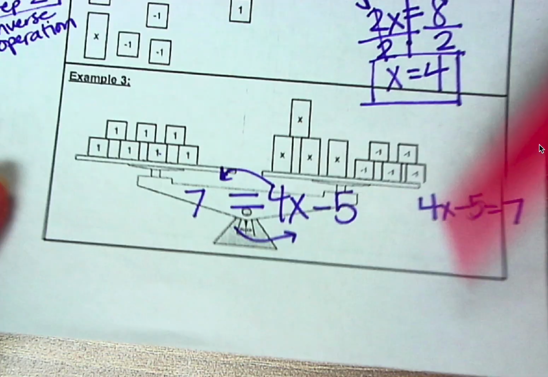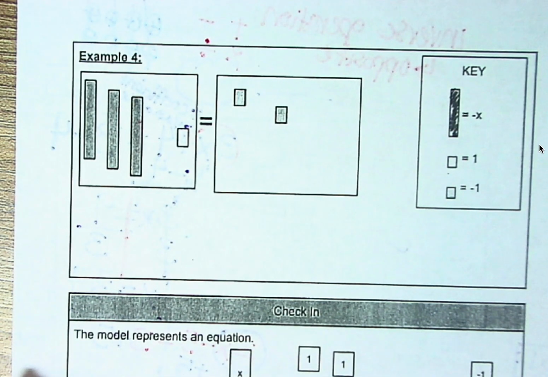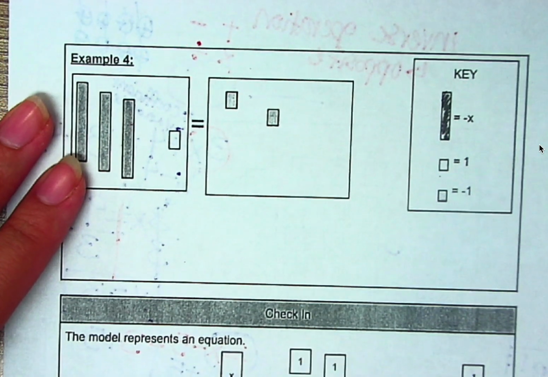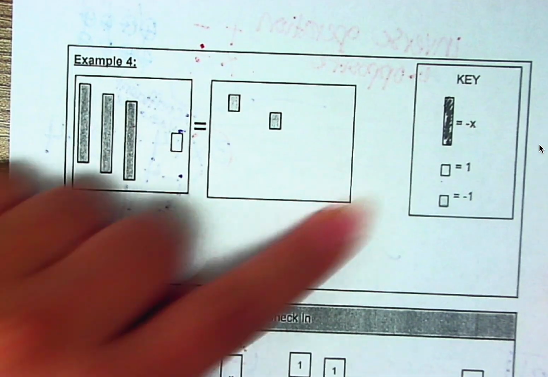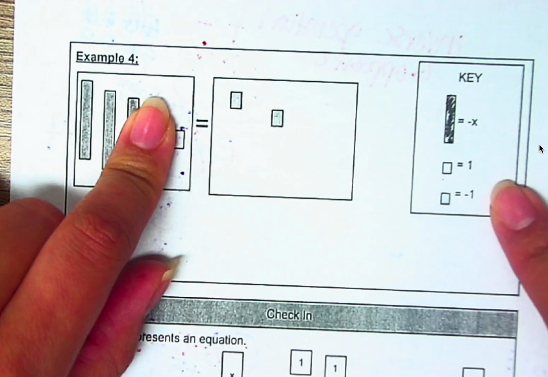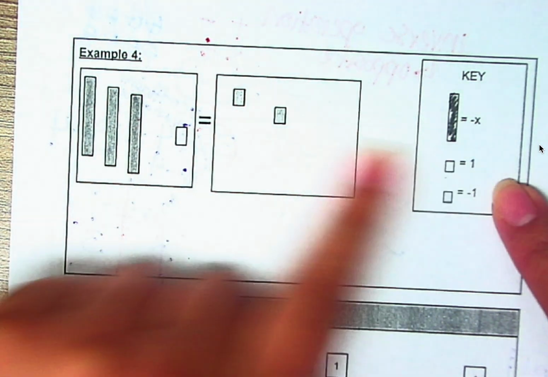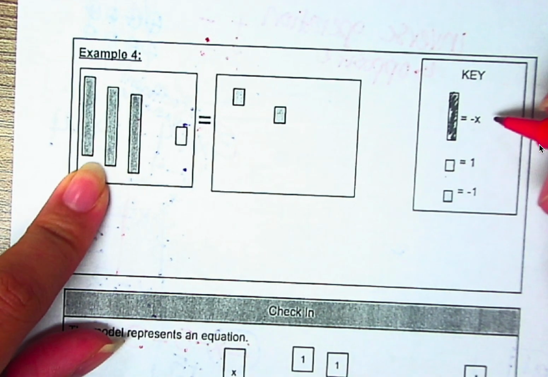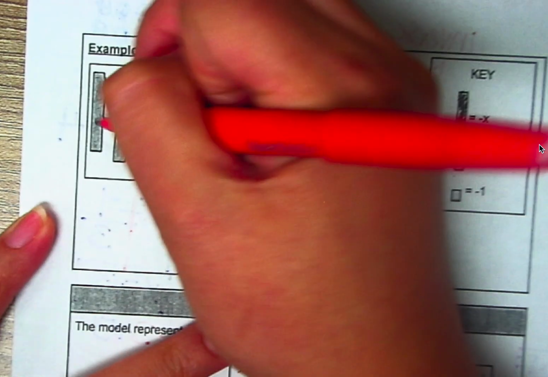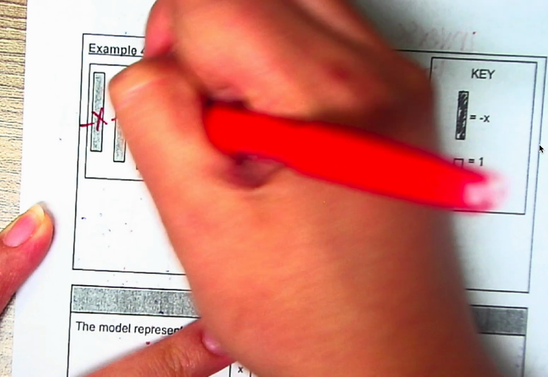Okay, let's go ahead and turn over on the back. On the back, example 4. Now example 4 is a little different. They're still giving us a model, but they gave us a key. So we need to follow that key. So this, if it's shaded in, that means it's a negative x, right? So these are negative x, negative x.